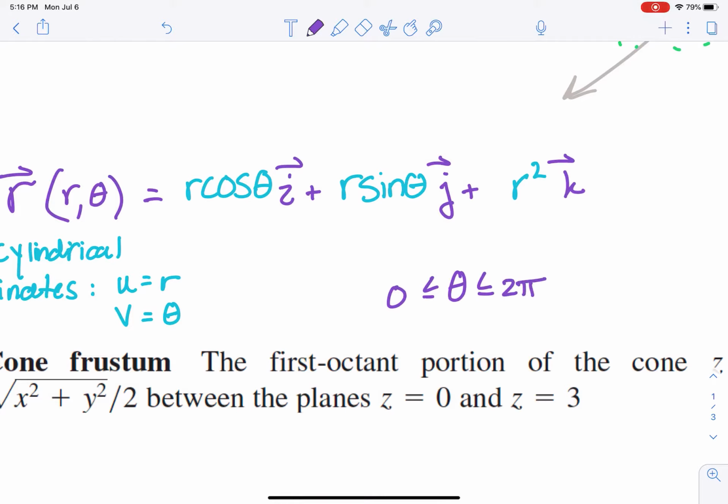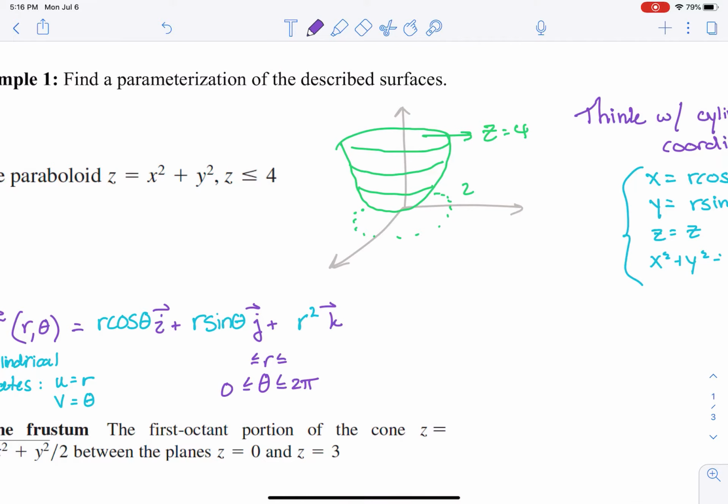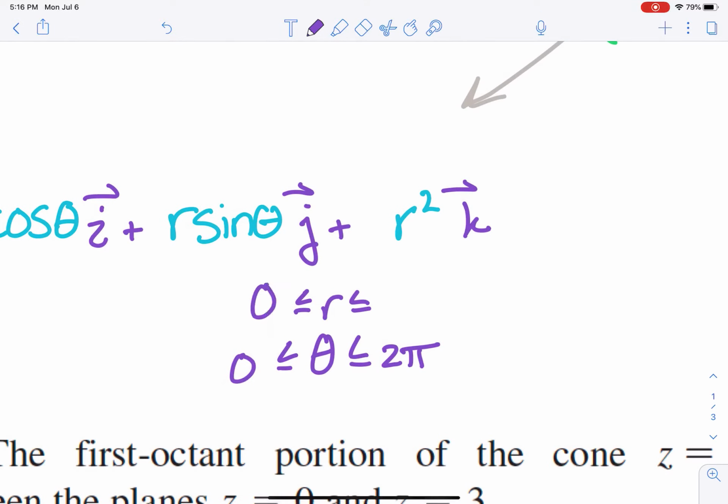And then to bound r, right, I kind of did that with my initial drawing. r just goes from 0 to 2. And that shadow casted on the xy plane gives you that portion that only goes up to a height of 4. So that's just between 0 and 2.